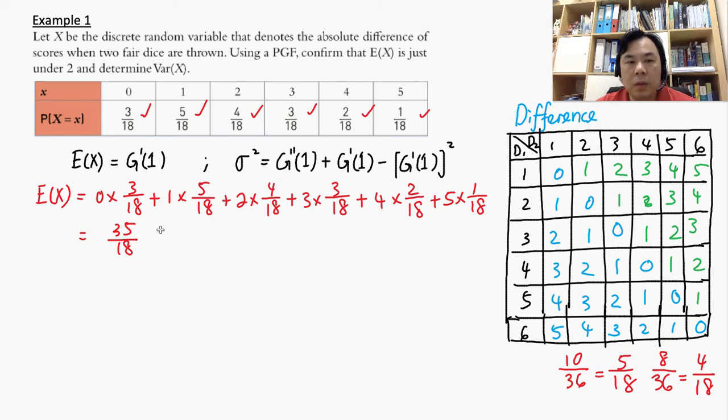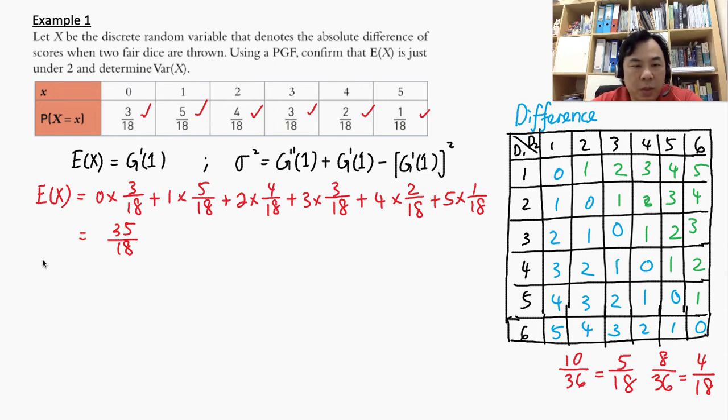Now that is the expected value that we can get using the traditional method without the use of probability generating functions. Next I'm going to show you how we can obtain the expected value using the property of probability generating functions. Before we can do that, we have to produce the probability generating function first.